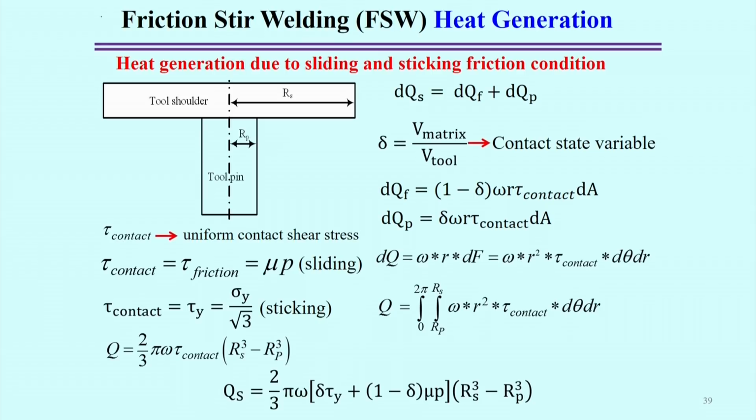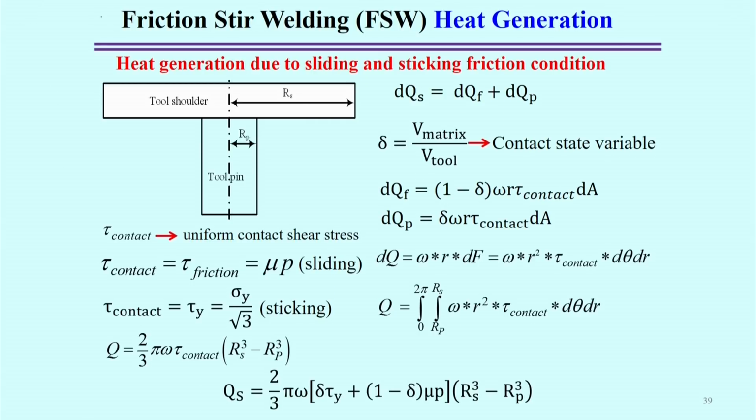Now, if we assume the theory that heat generation is due to sliding and sticking friction conditions, we can divide the heat generation due to friction into two components: one is sliding friction, another is sticking friction. Sliding friction generally follows Coulomb's law of friction, and based on that frictional law we can estimate the amount of heat generation.